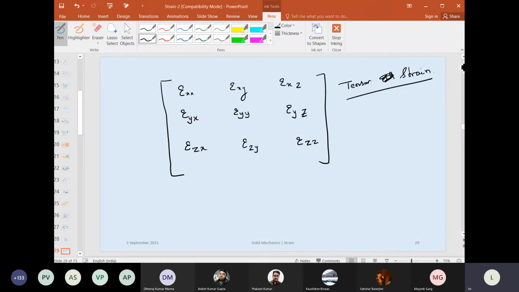Like you had stress as a tensor quantity, that is, it had sigma xx, sigma xy, sigma xz, sigma yx, then sigma yy, sigma yz, and all those things. Similarly, we now have the strain tensor. Here you should remember that these are all equal.